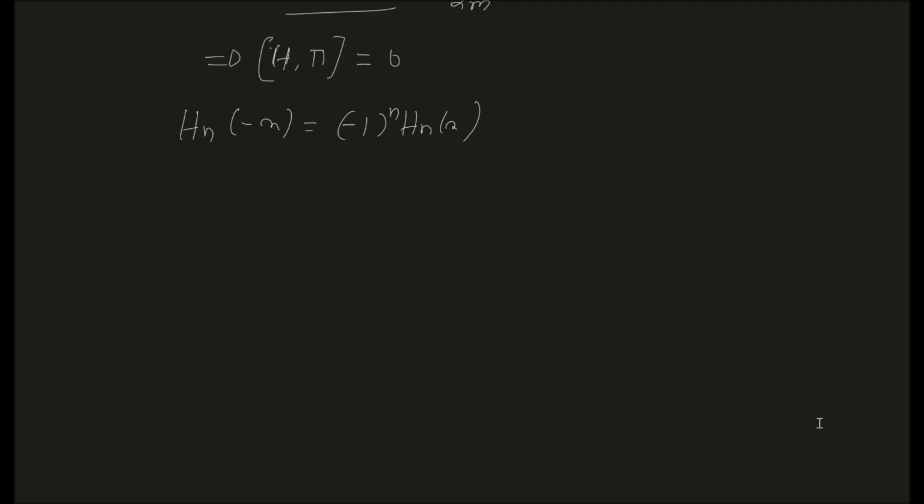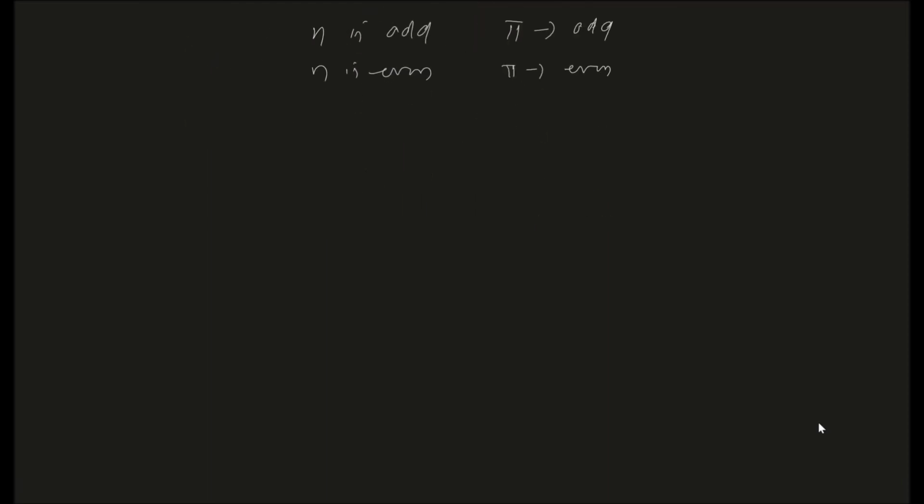That means the parity can be odd or even depending on whether n is odd or even. If n is odd, the parity will be odd for this Hermite polynomial. If n is even, the parity will be even for the Hermite polynomial.